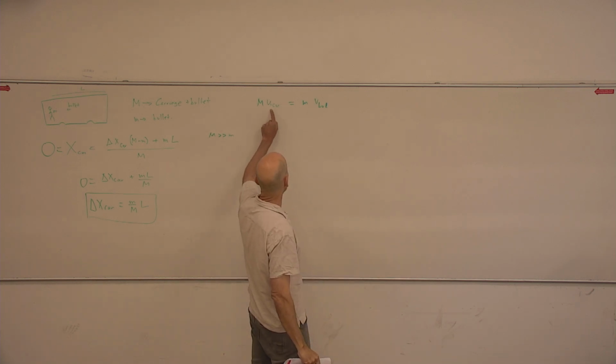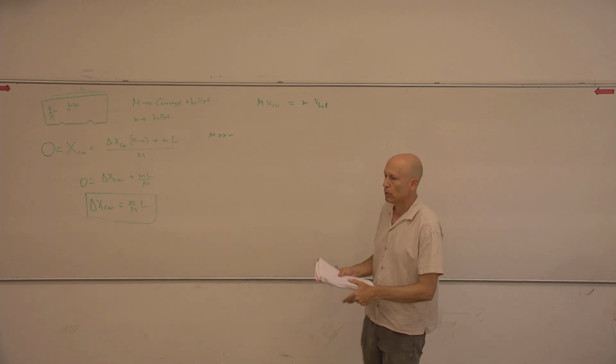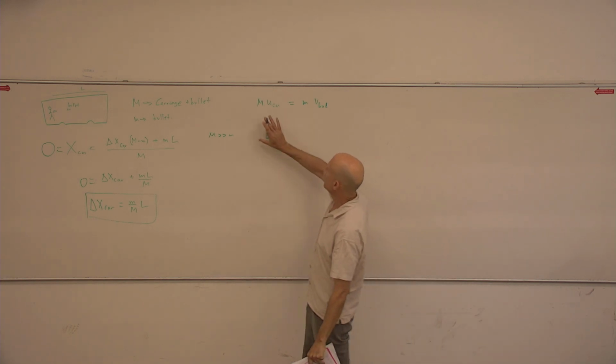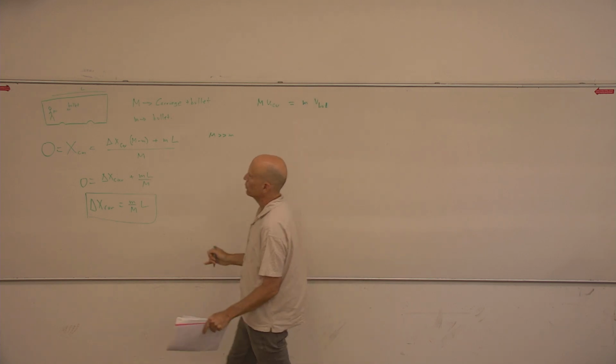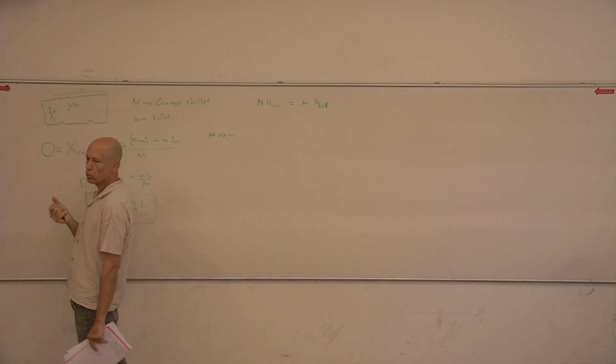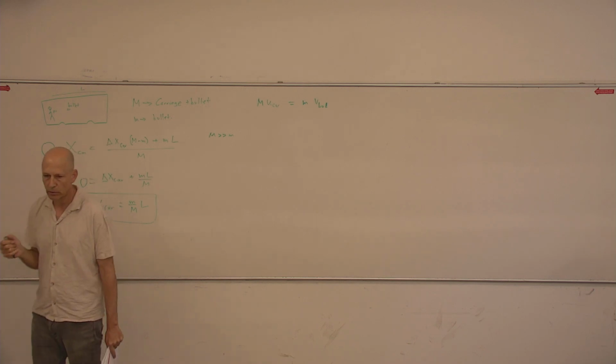Doesn't it supposed to have a negative sign on one side? Yeah, but I put it on the other side. The total momentum is 0, and then I put it on the other side. So the momentum of the carriage is equal to the momentum of the bullet. When you started, you didn't shoot yet, the total momentum is 0, you shoot, boom, and then the other guy is going in the other direction.